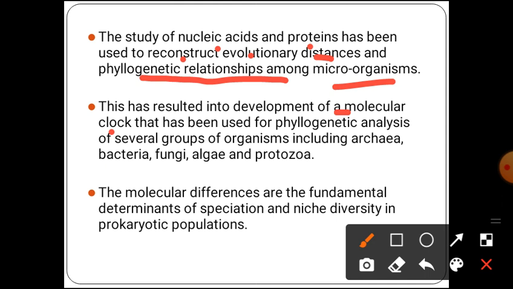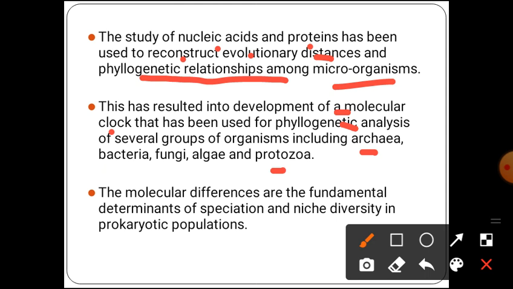How much mutation occurs, and in which way the mutation has occurred from one species to another, can be referred to as a molecular clock. That has been used for phylogenetic analysis. The molecular clock has been used for the phylogenetic analysis of several groups of organisms, including archaea, algae, fungi, bacteria and protozoa.